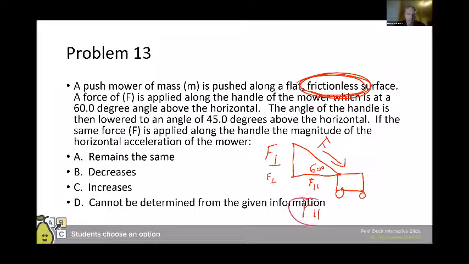Because that horizontal component is bigger, and there's no friction acting in the opposite direction, that's going to be the net force acting on the lawnmower horizontally, and it's going to make it accelerate faster. So when we lower the angle from 60 down to 45, the net force is going to increase, which means the horizontal acceleration is also going to increase.